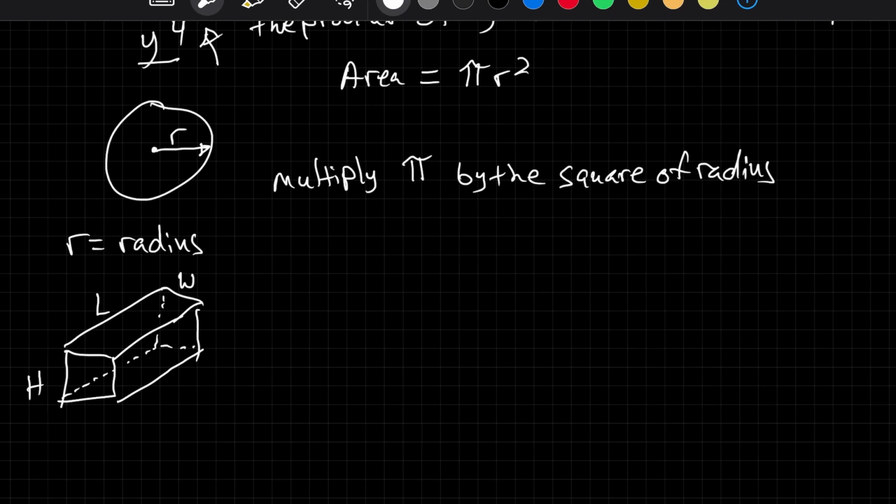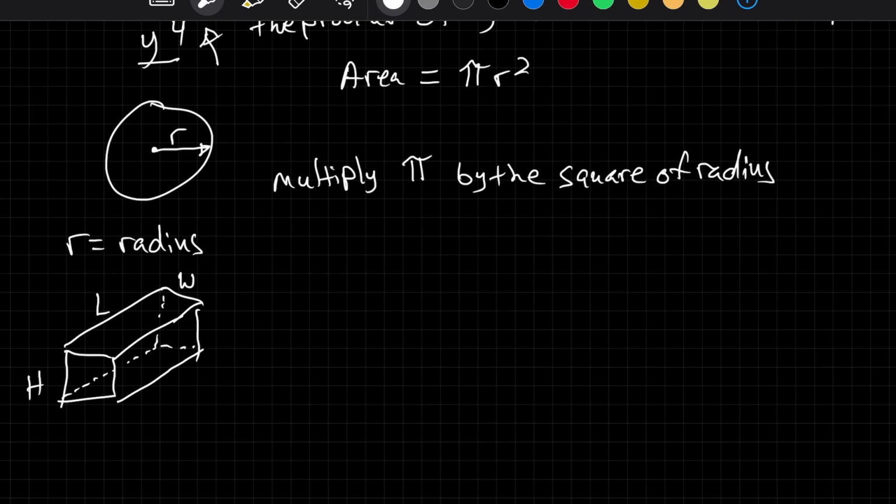Okay, so we want to find the surface area of this. Okay, so we know that we have 1, 2, 3, 4, 5, 6 sides to this rectangular prism, right?